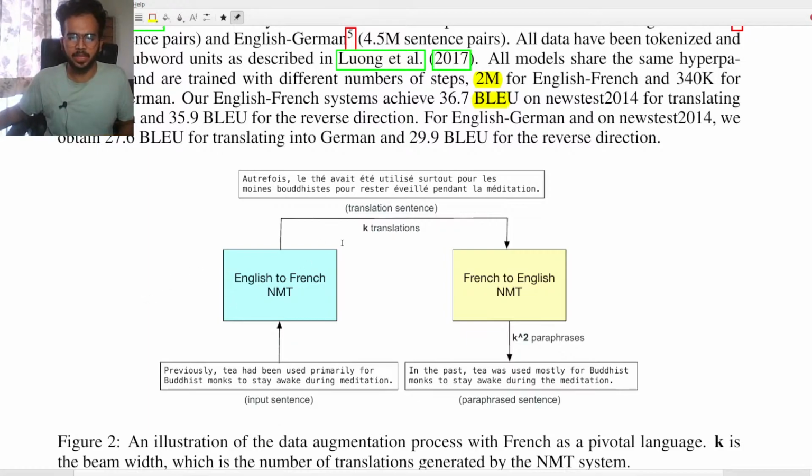So with k being the beam width, we get k translations for the input sentence, and then over those k French sentences we again do a French to English translation with beam width k. So we'll have a total of k square paraphrases. If I have k set to 5, then we'll have 25 translations. So we get 25 times the data.